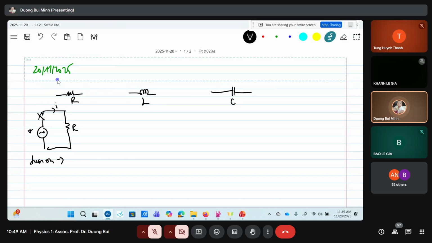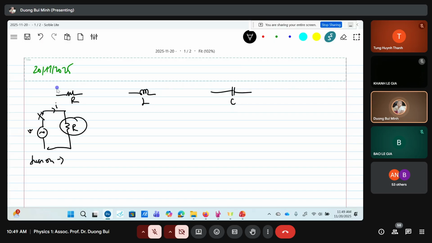If we turn on, we can get the current flowing through the resistance. Because this is a resistor, the resistor cannot store the energy, right?